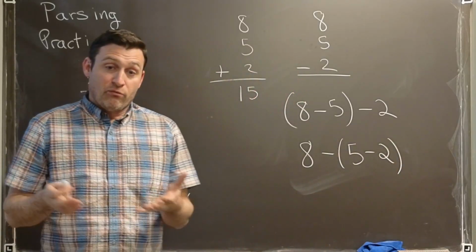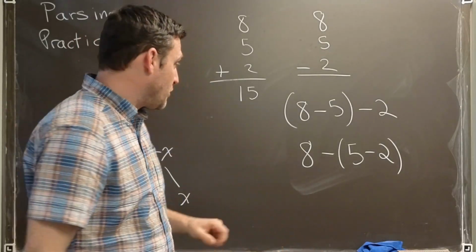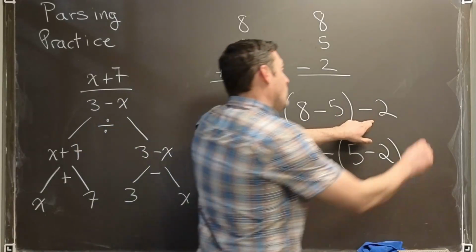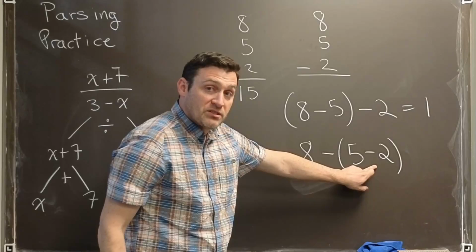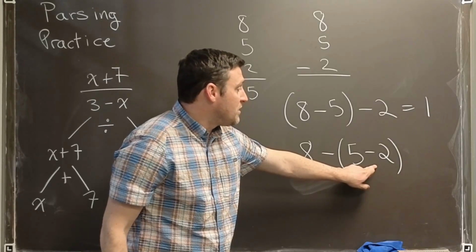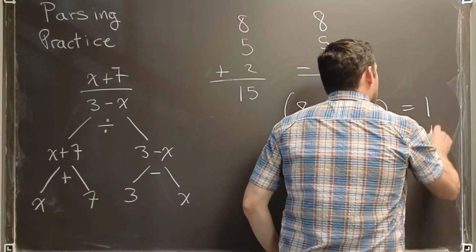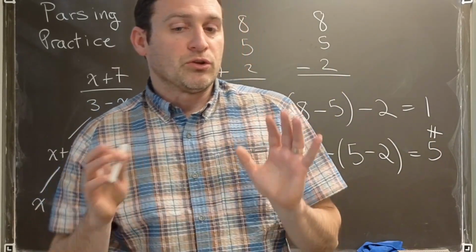We see that when you have 3 or more terms and just subtraction, it's unclear where the parentheses should go. Here I'll get 3 minus 2 to get 1. Here, because it's in parentheses, we do this first, this will become 3, and 8 minus 3 will become 5. And those aren't equal.